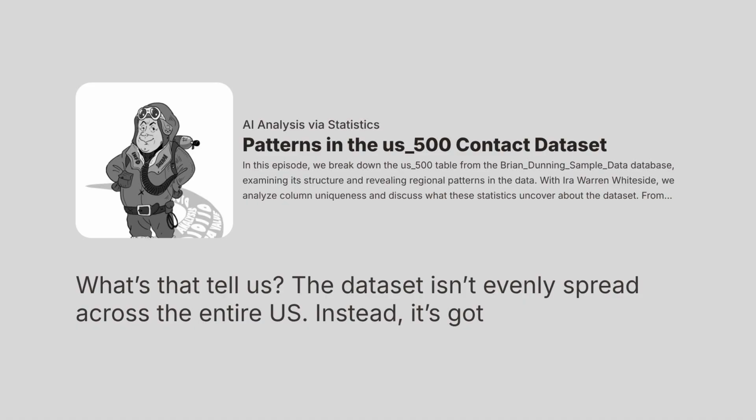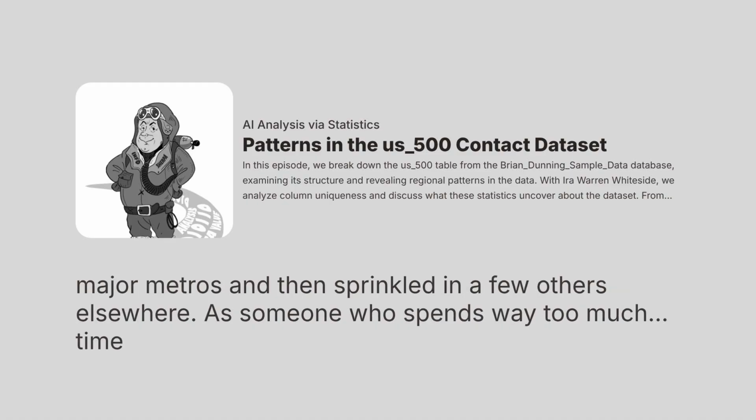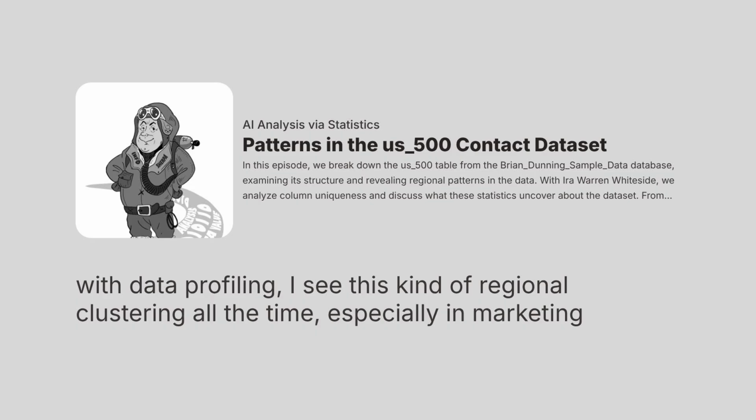What's that tell us? The data set isn't evenly spread across the entire US. Instead, it's got pockets, or clusters in certain regions. It's almost like someone pulled contacts from a handful of major metros and then sprinkled in a few others elsewhere. As someone who spends way too much time with data profiling, I see this kind of regional clustering all the time, especially in marketing data.